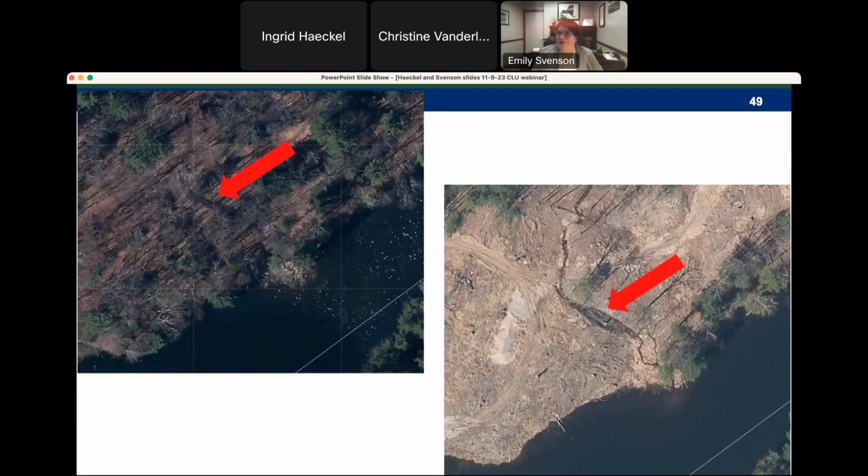And I wanted to show the outcome. On the left, you see an aerial photo before the project went in. It's a forested area with that stream and wetland area. Afterwards, the area all around it has been clear cut, and only a few trees left right around the wetland area.